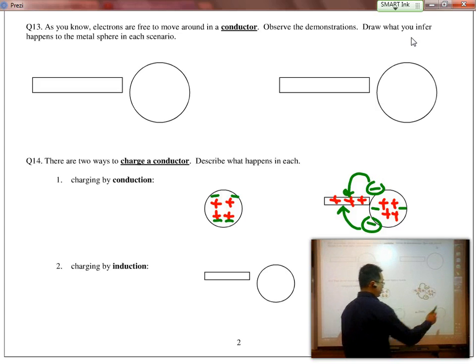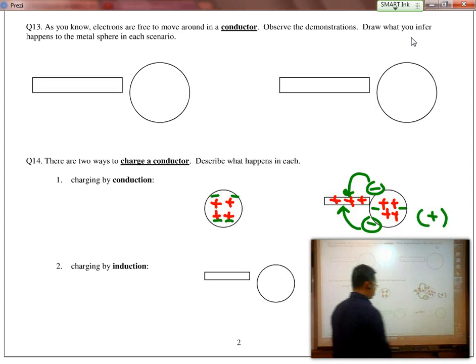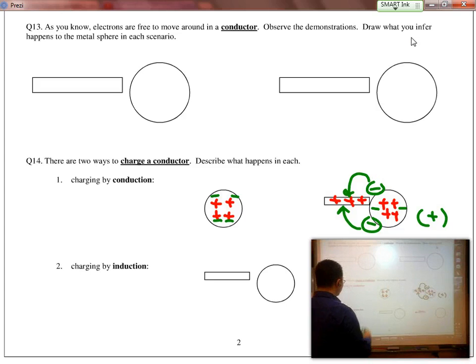So therefore, it ends up being positively charged. Okay, conduction has contact.